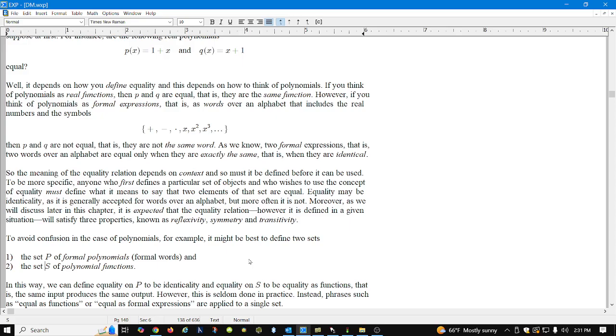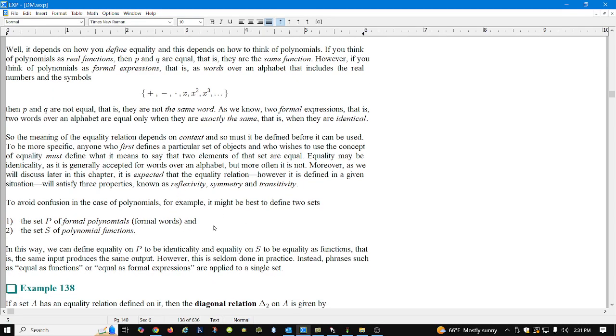So formal polynomials, polynomial functions. It's the same set, but equality is different. So equality on P would be identicality. They have to be identical to be equal.